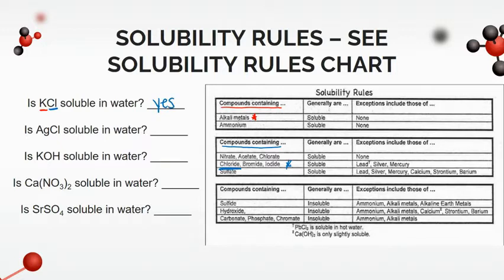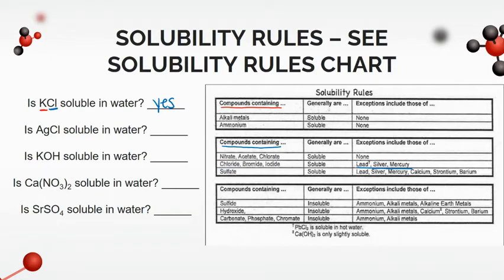If we look at the second part of the compound, we can come to the same conclusion, because the second table says compounds containing chloride generally are soluble. This time we do have some exceptions of lead, silver, and mercury. But because potassium is not an exception, we can come to the same conclusion that potassium chloride is soluble in water.